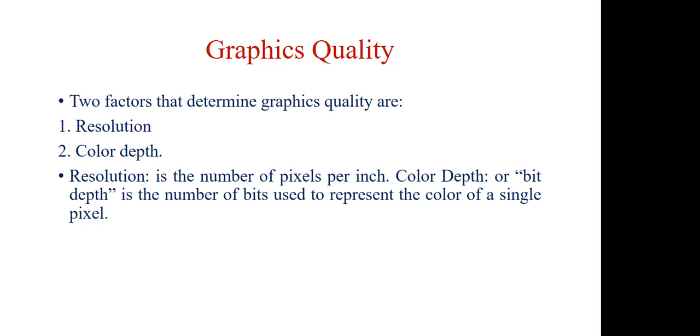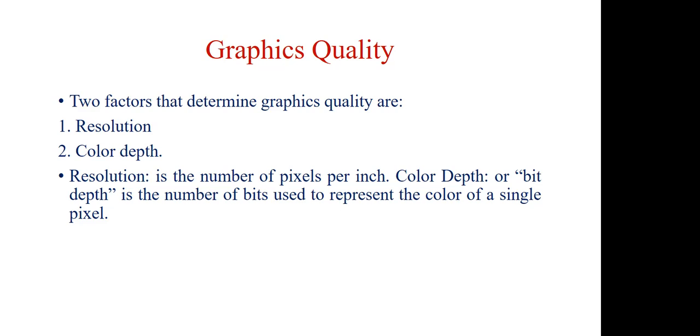Its resolution will be very high. And color depth or bit depth is the number of bits used to represent the color of a single pixel. Ultimately, it is the data, and data is represented by bits. So that is basically resolution and color.